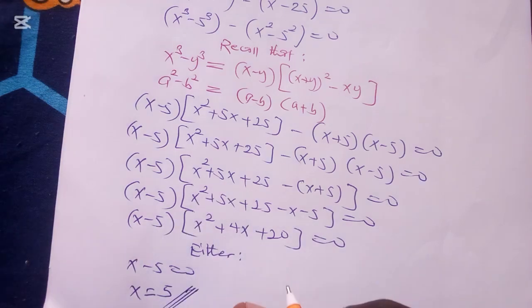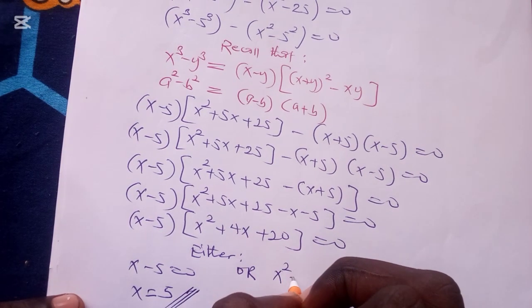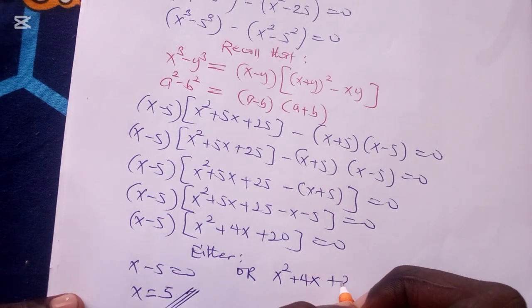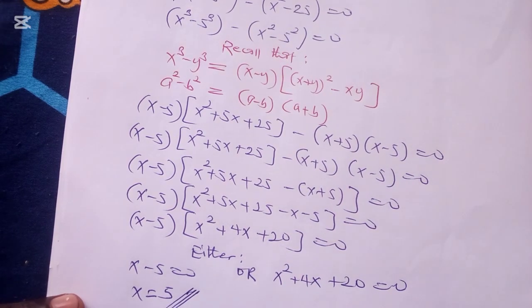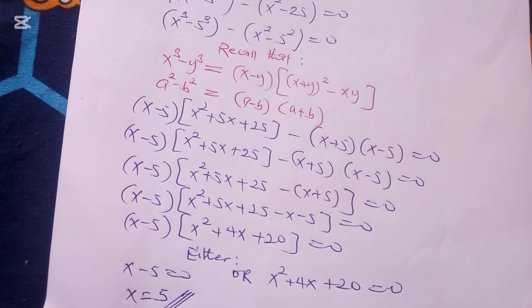Now the next step, or it can also be, we say x squared plus 4x plus 20, this is equal to 0. Okay, but mind you, this is a quadratic equation. Now let's use the formula method to solve this quadratic equation.